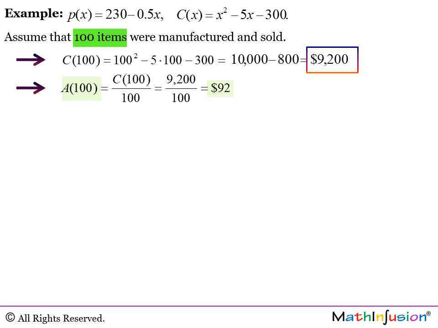The average cost is the total cost over the number of items. In this case, it is 9,200 divided by 100, and we get that the average cost to produce each product is $92. Pay attention, this is only the average.